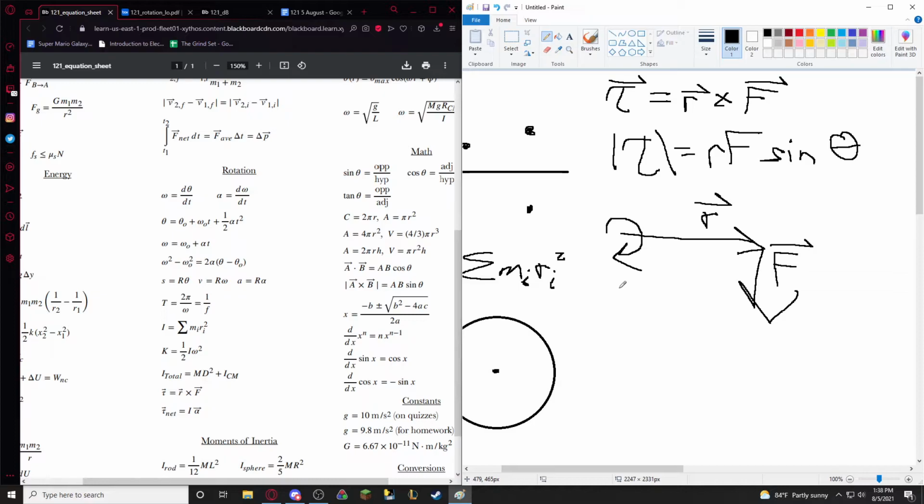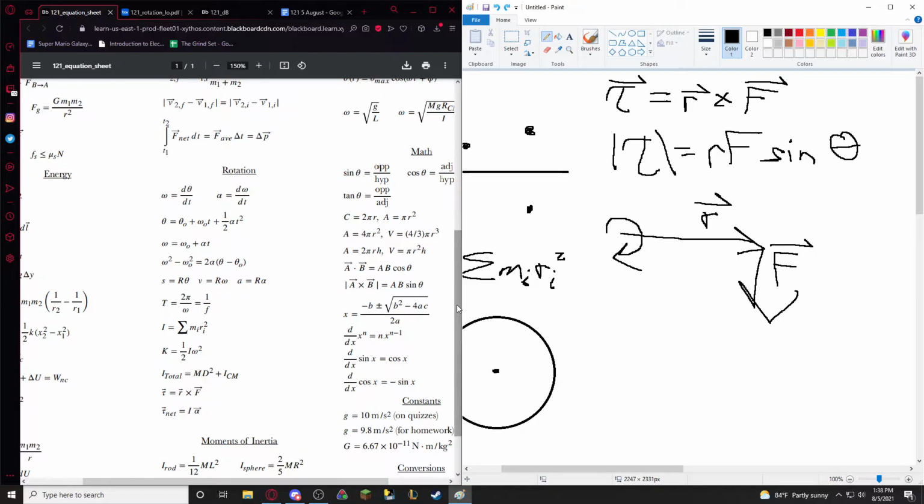Now, when I say the torque points into the page, I don't really like to think about it like that, because the torque is this rotation here. This rotation is the torque. It's just that, the way we define it, the direction of the torque is always perpendicular to the other two, and it just represents this rotation which goes around the torque.